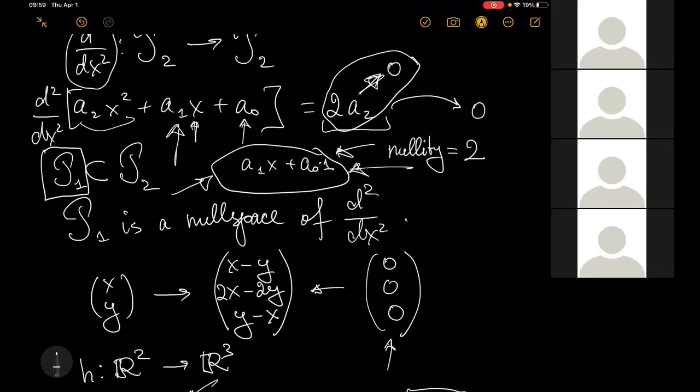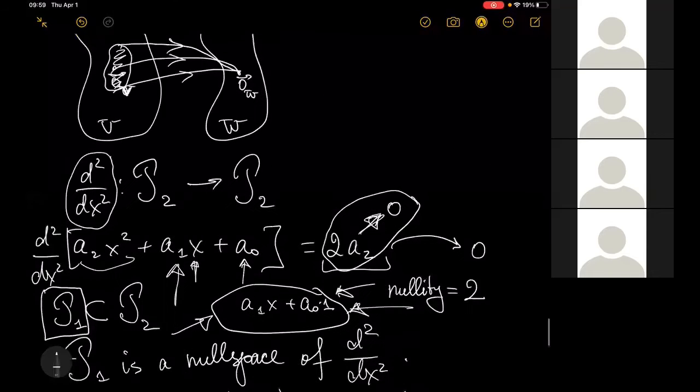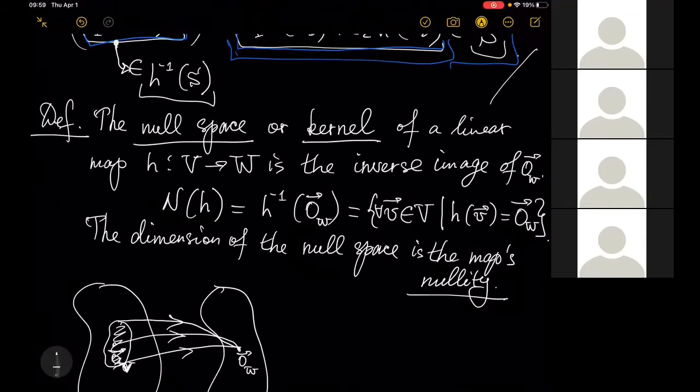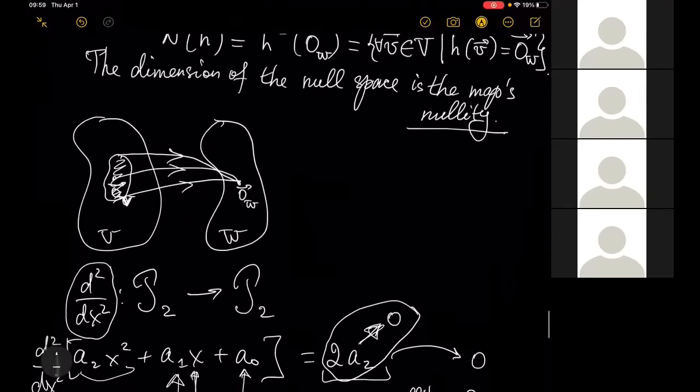Yeah, because null space is defined for a linear map, for a homomorphism. So it's a property of a homomorphism. Have a look: the null space of a linear map, you see? Because you need to have a map in order to define the null space.